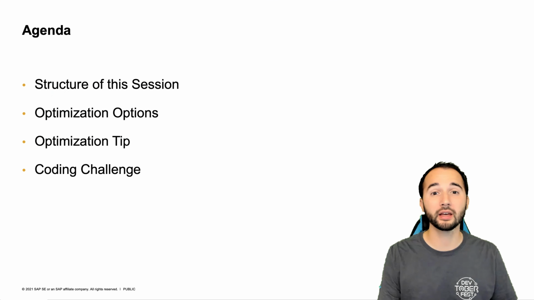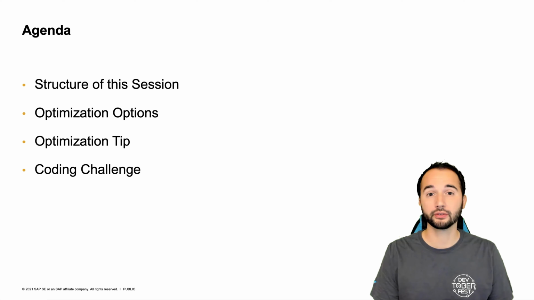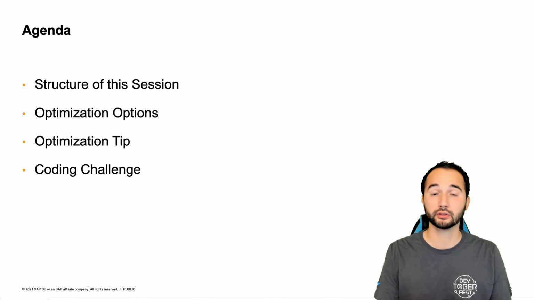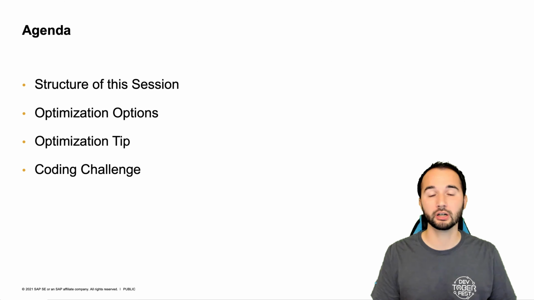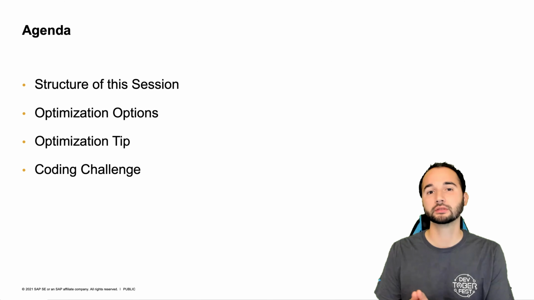Let's have a look at the agenda for this presentation. At first, I will introduce you to the structure of this presentation. You will see later on what I mean with that. Then we'll talk about some general optimization strategies or options that you have when you inspect your web application that hold for all web applications. And then we'll have also a deeper look into UI5 based web applications.